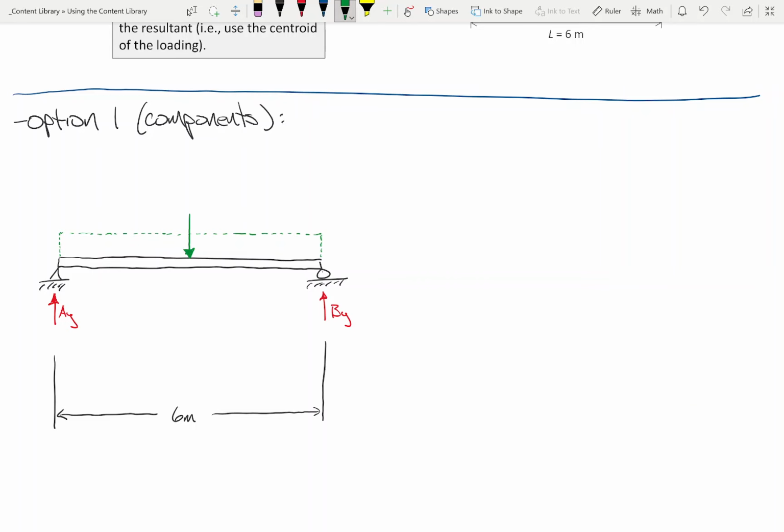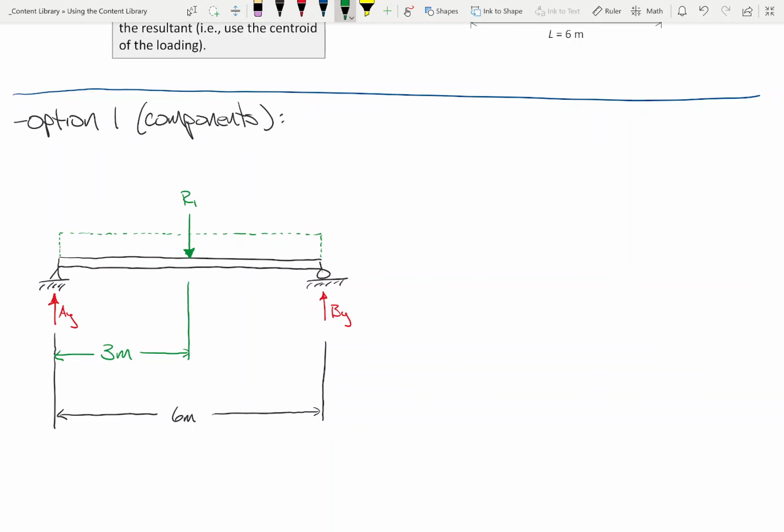And we'll say that this is the centroid of that rectangle. So how far is it from point A to the centroid of that rectangle? 3 meters. Okay? Now, I'm going to call this R1.